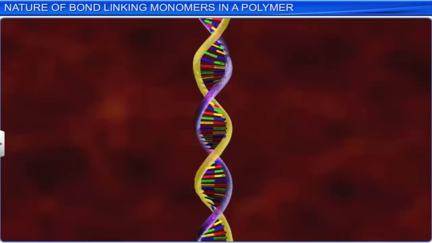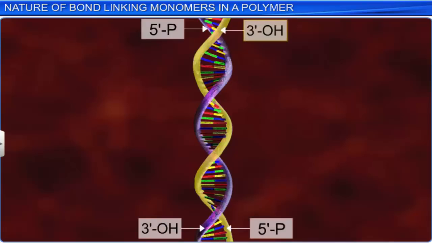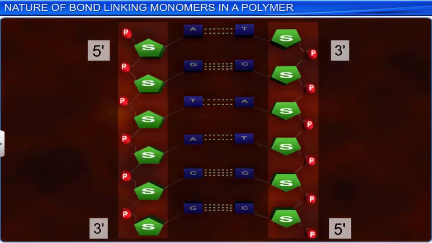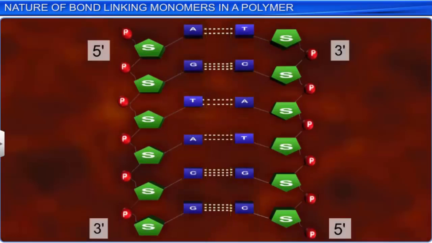In other words, they are antiparallel. That is, one strand runs in 3' to 5' and the other strand runs in 5' to 3' directions. The backbone of DNA is formed by a sugar-phosphate chain. The nitrogen bases face inside and are almost perpendicular to the backbone.